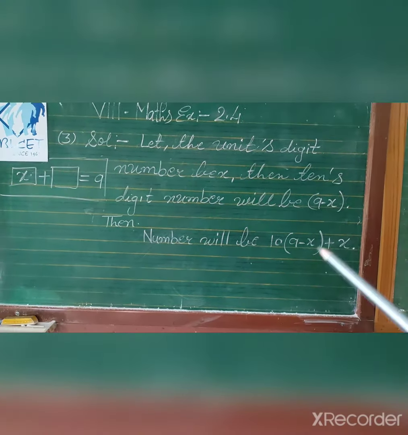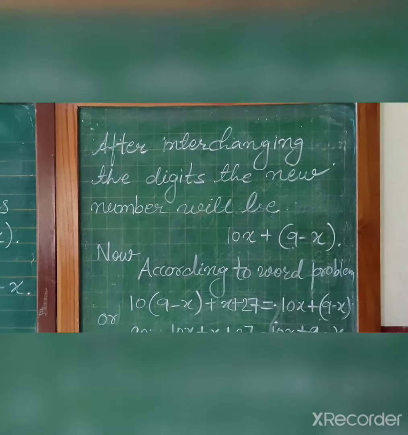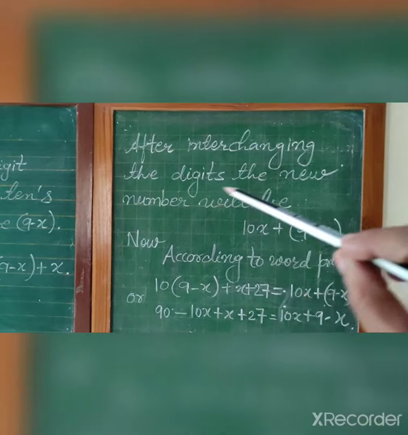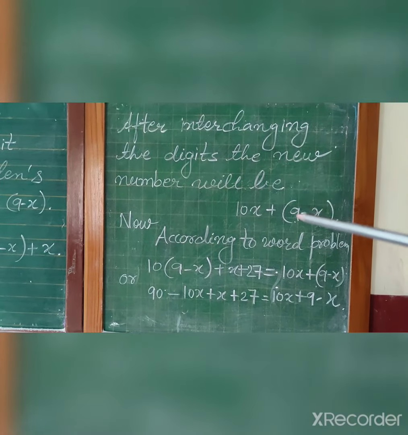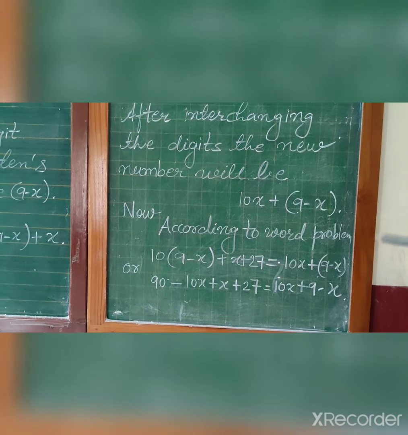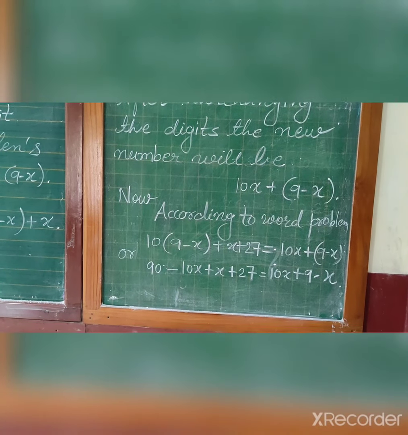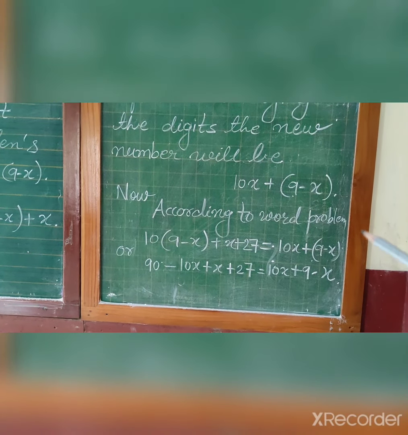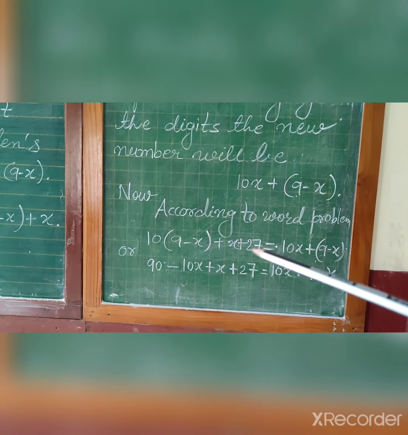Now after changing the digits, the unit digit will be at the tens place. So after interchanging the digits, the new number will be 10x plus (9 minus x). Now 9 minus x is at the ones place and x is at the tens place. Now according to the word problem, what? The new number is 27 greater than the original number.